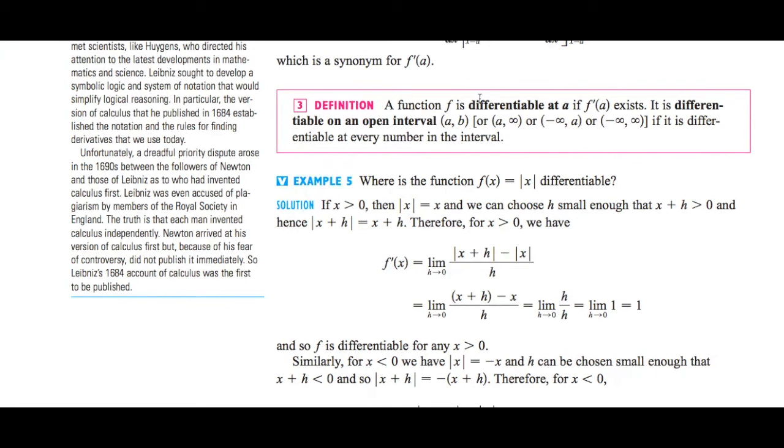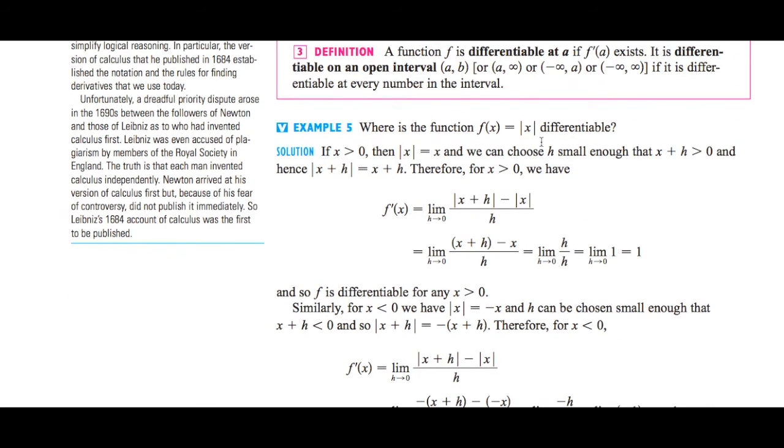So the first part means that you can take the derivative if the derivative at a exists. So they're just mainly saying that differentiable means that the derivative exists. That's it. So if you had a question, where is the function differentiable? You'll just have to look for where the derivative can exist.